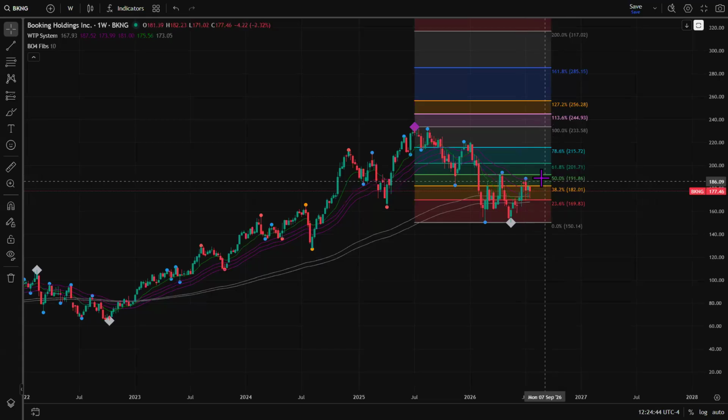And if this starts to head higher and starts to go above 50% and potentially 61.8%, then we could potentially move higher. Remember that a correction is typically between 38 and 50%. So a correction of this move down.